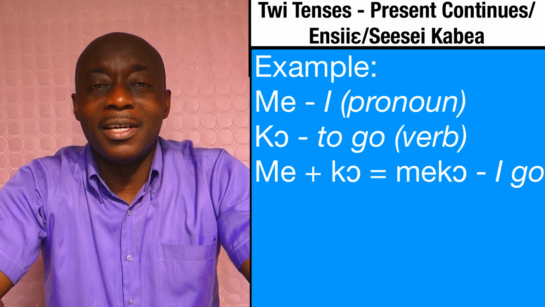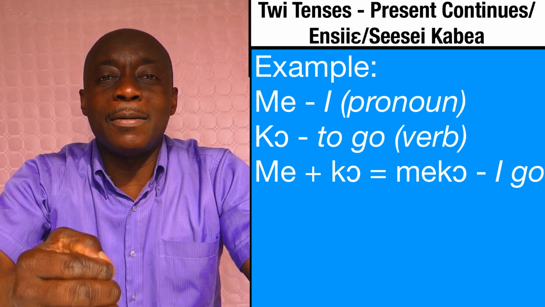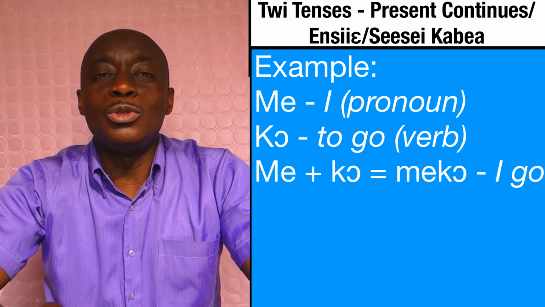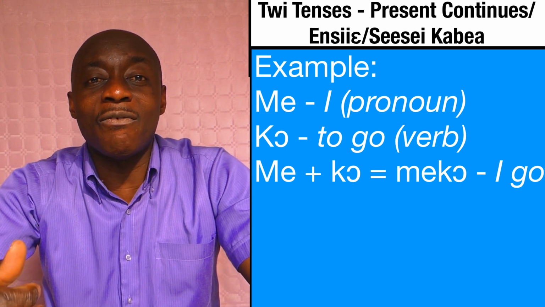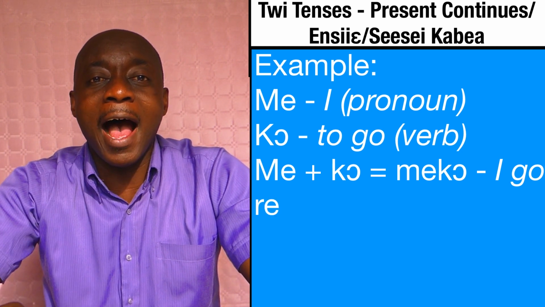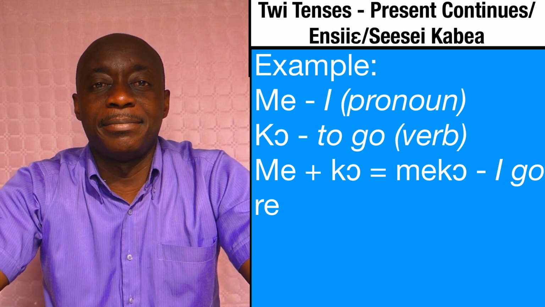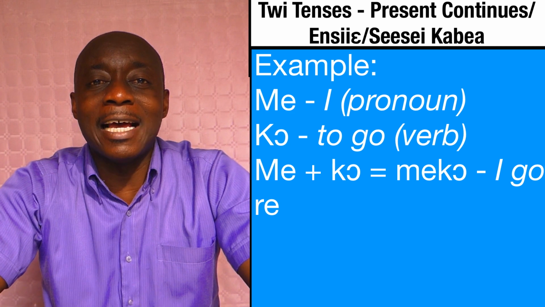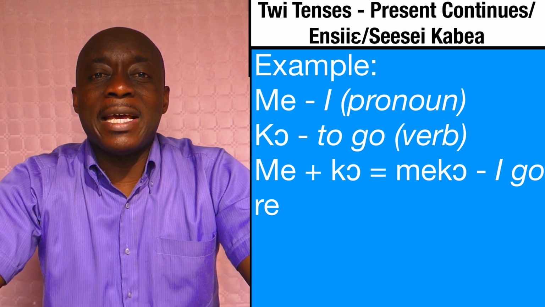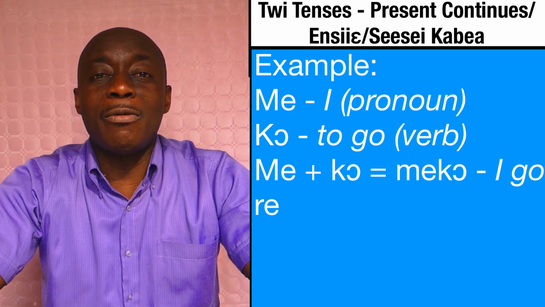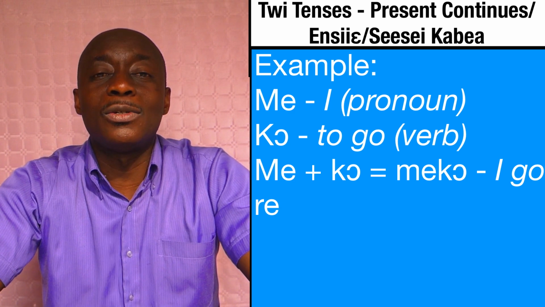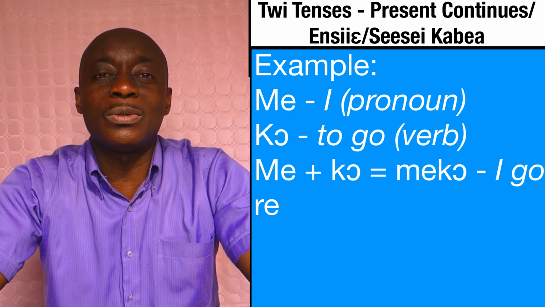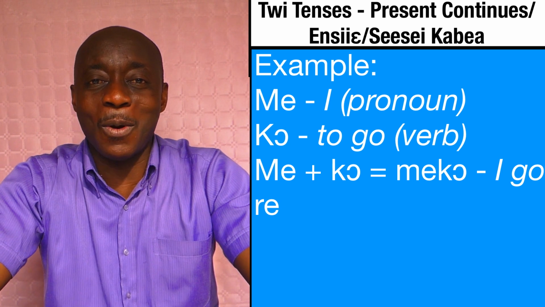However, before you add the pronoun to the verb, you will have to preface the verb with re. As soon as you do that, the verb is transformed from the simple present to the present continuous tense. That is all.